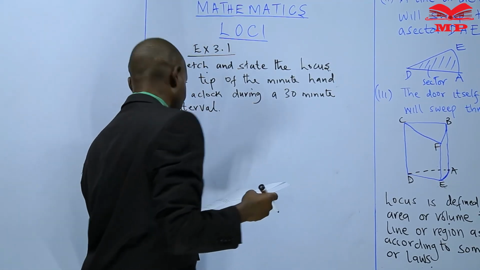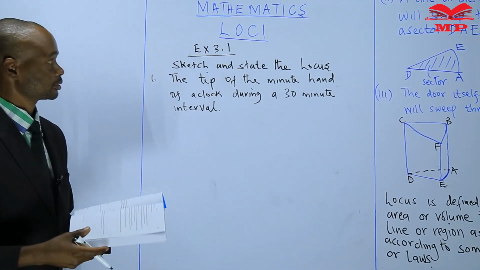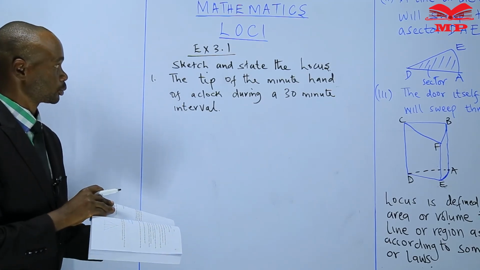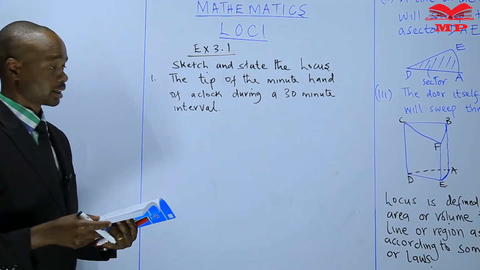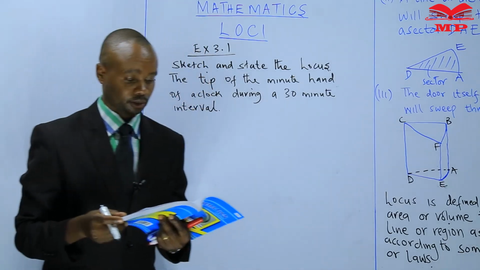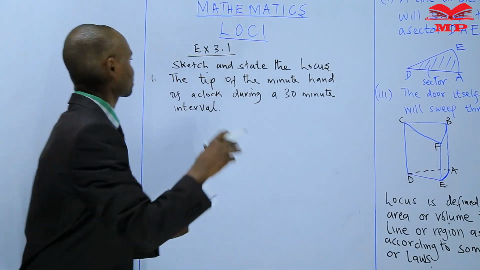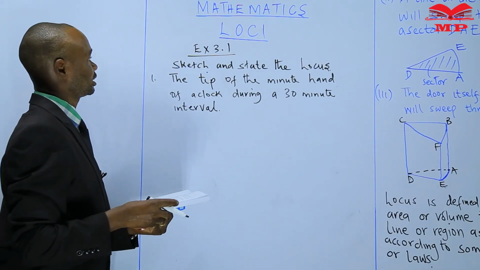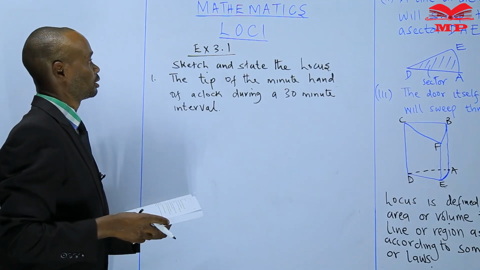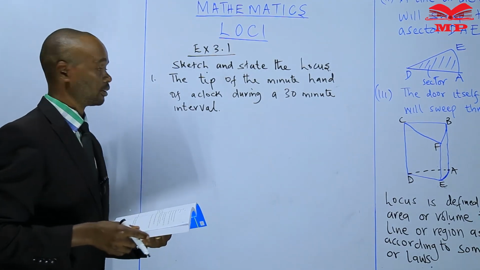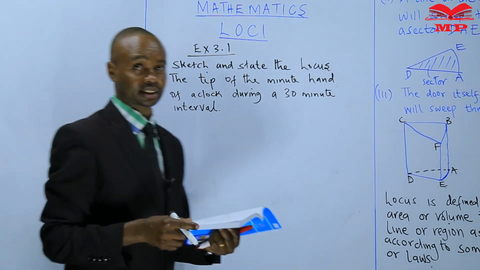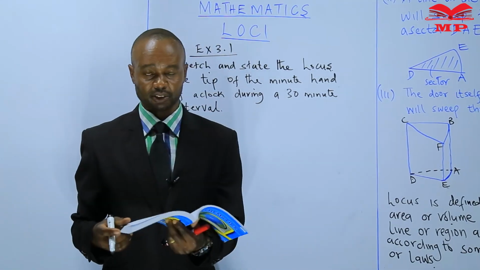So we have the first question, which will enable us to sketch the locus of the point in question. The question goes, sketch and state the locus of the tip of a minute hand of a clock during a 30-minute interval.